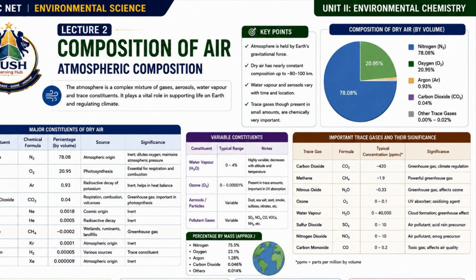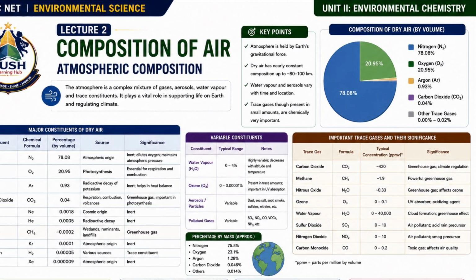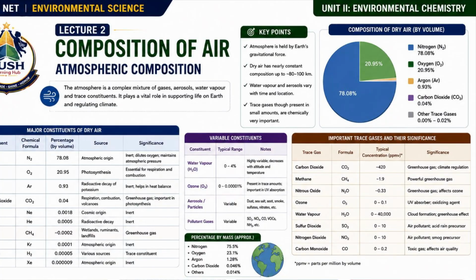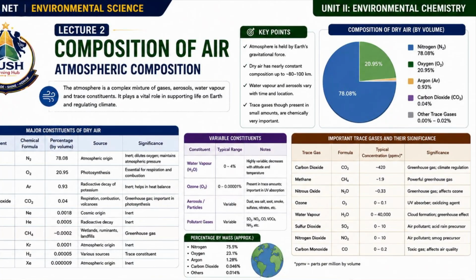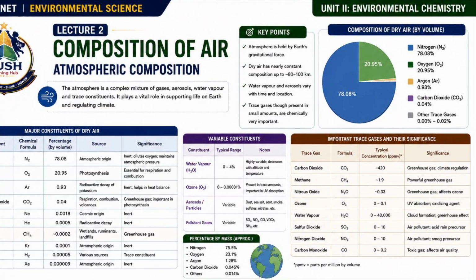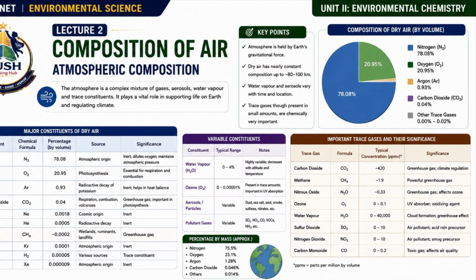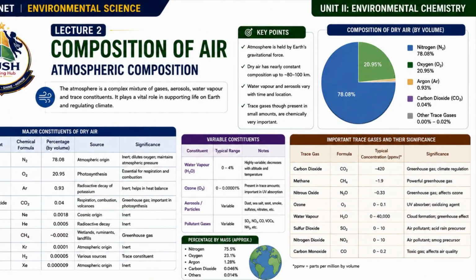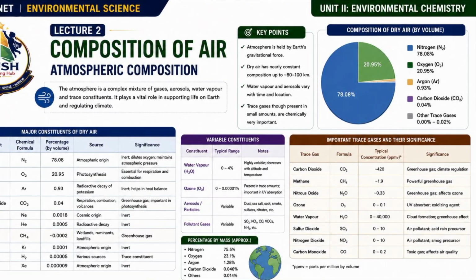Let's summarize. Earth's atmosphere is composed mainly of nitrogen and oxygen, along with argon, carbon dioxide, trace gases, water vapor, and aerosols. Nitrogen and oxygen are relatively constant constituents, while water vapor and aerosols vary with environmental conditions.